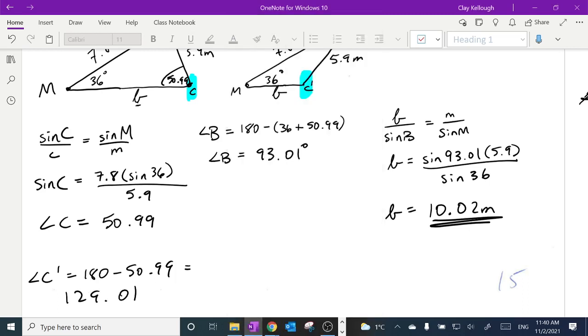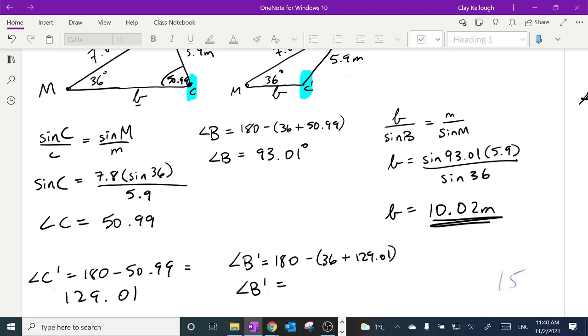And then I'm going to use that angle C to find angle B. Again, I'll call it primed because it's the other version of this. So 180 minus the 36 that angle M is, plus 129.01.